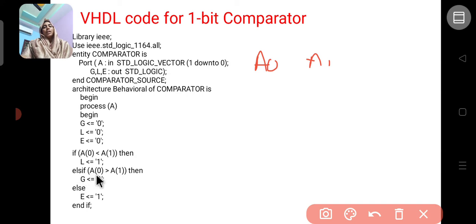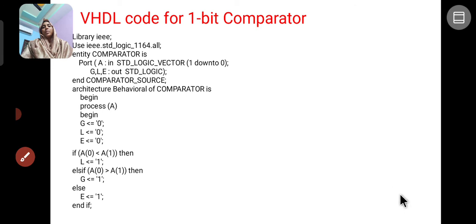Else if A0 is greater than A1, then greater than equivalent is 1, and the remaining two outputs are 0. Else, if these two conditions are not satisfied, then equivalent is 1. So this is the VHDL code for the 1-bit comparator.